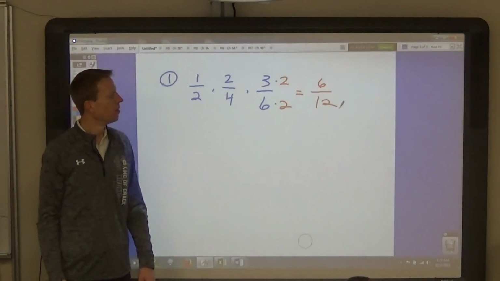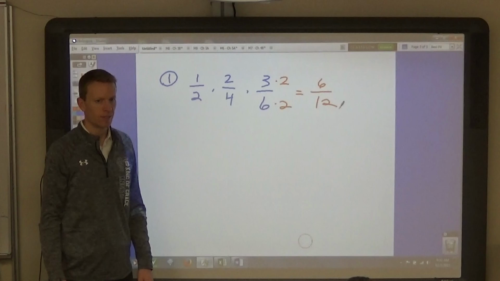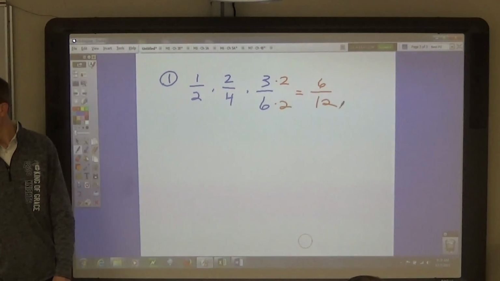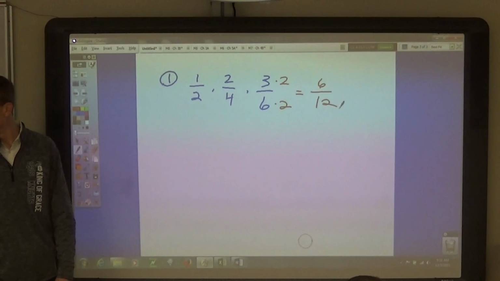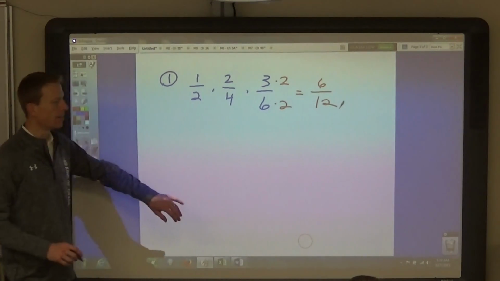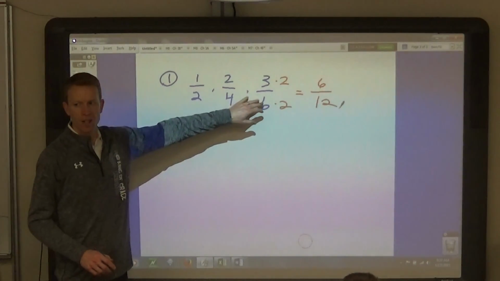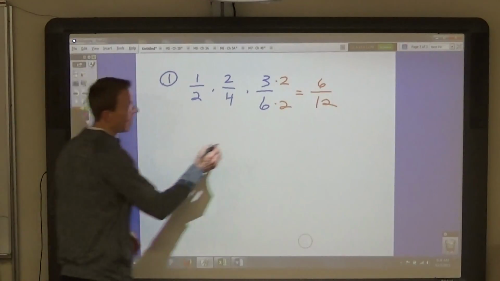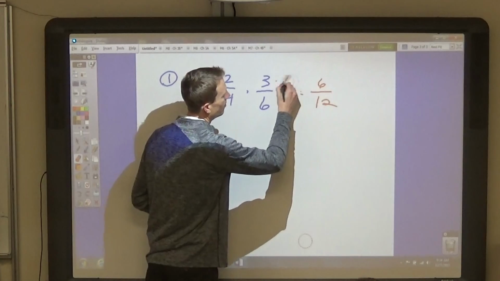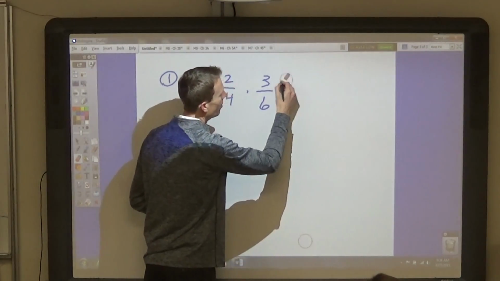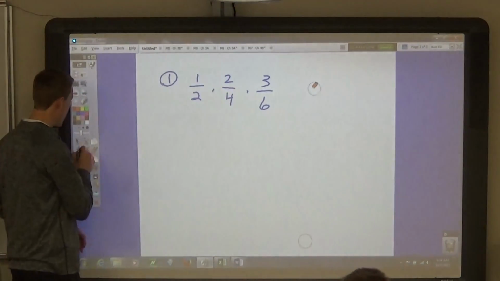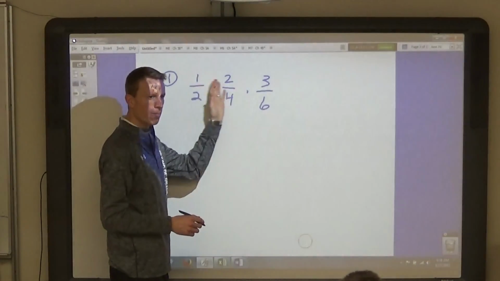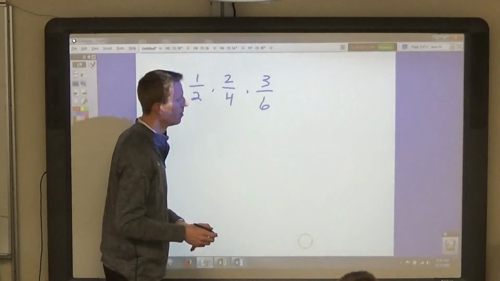That's not the next one. The pattern is you add 1 to the top one and 2 to the bottom one. Okay, math teacher. Oh, I see what you mean. Yes. Yep. I was just asking for an equivalent fraction, but yes, to complete the pattern, we have to find the next equivalent to 1/2, which is, these are multiples of 1/2, aren't they?